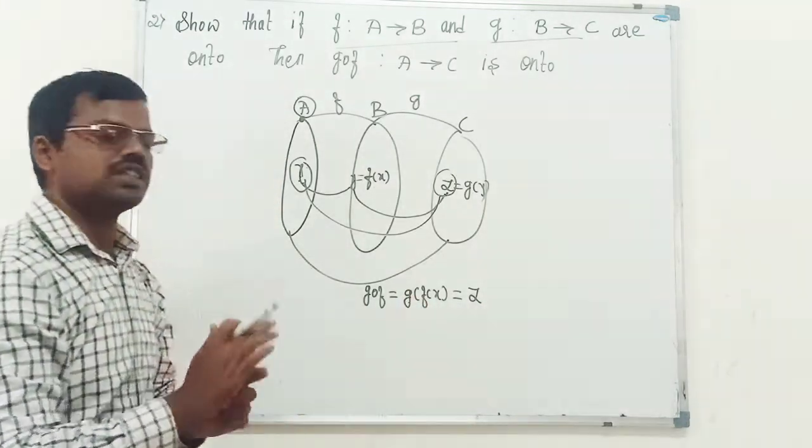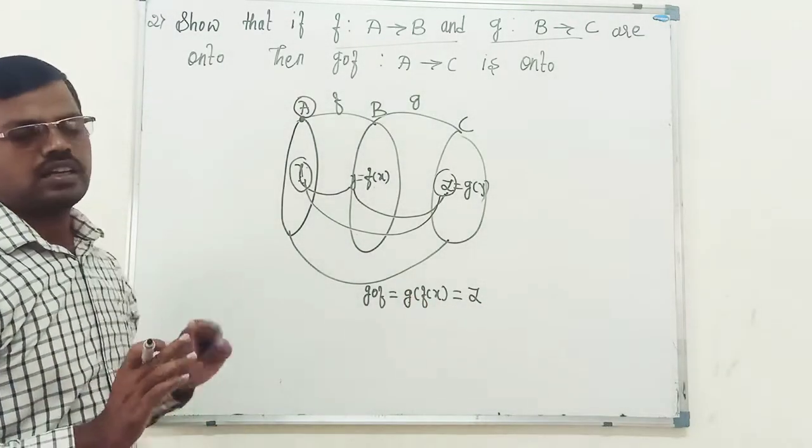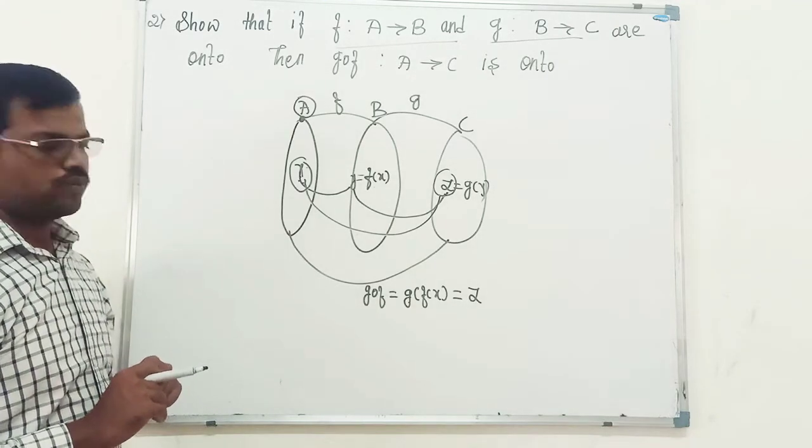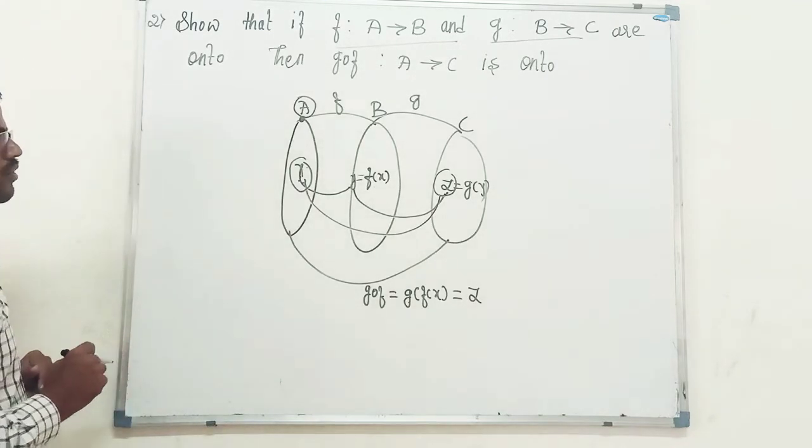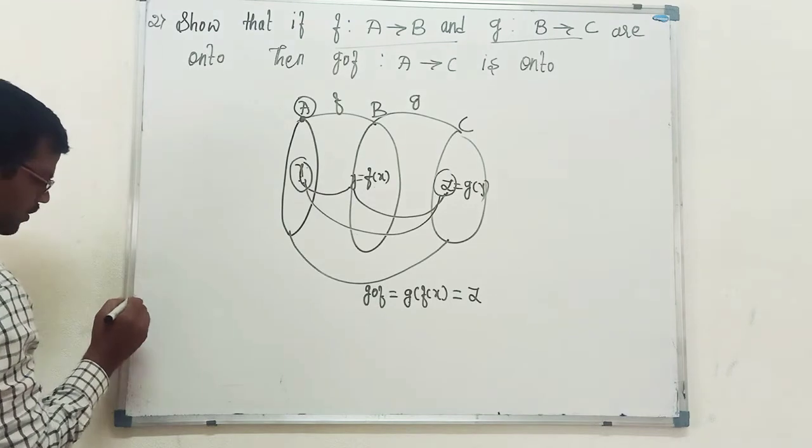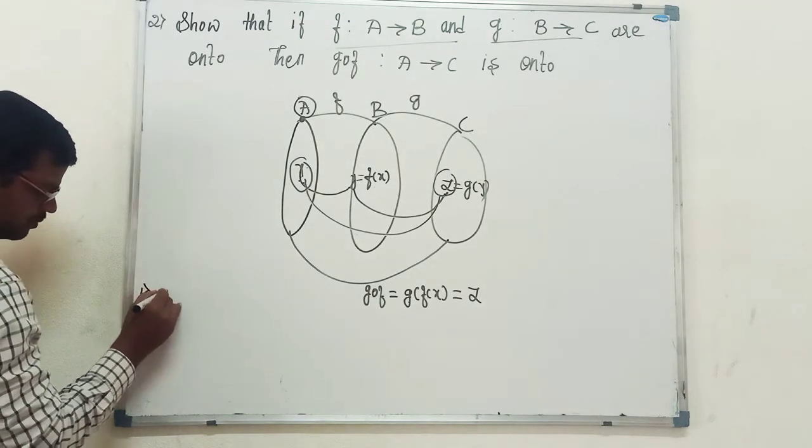It is enough to show that it is an onto function. For that we use first that f is onto.